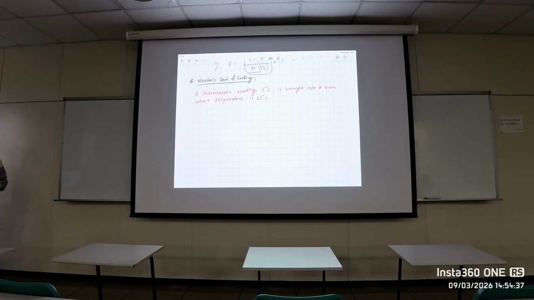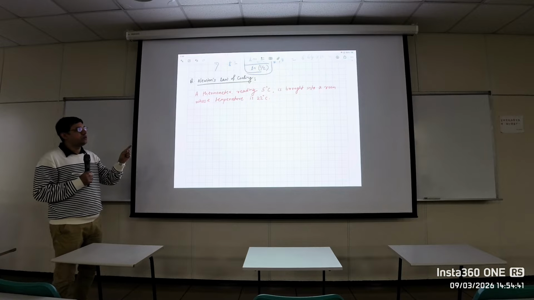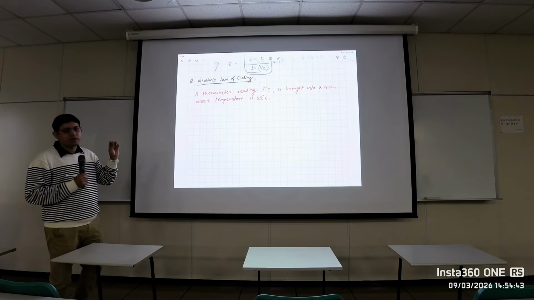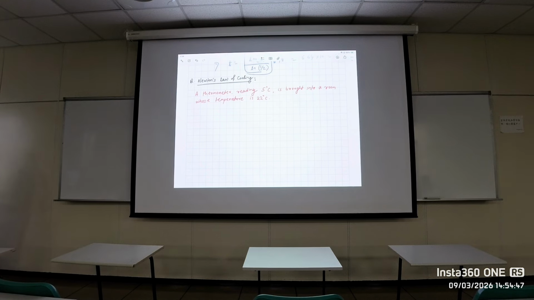A thermometer whose reading is 5 degrees centigrade is brought into a room whose temperature is 22 degrees. Right.